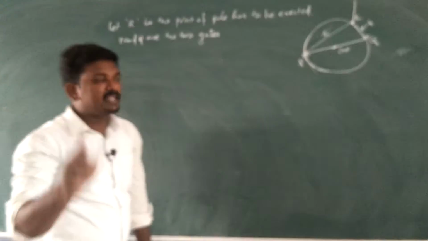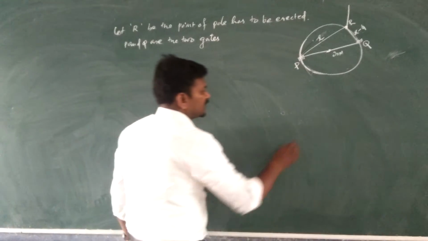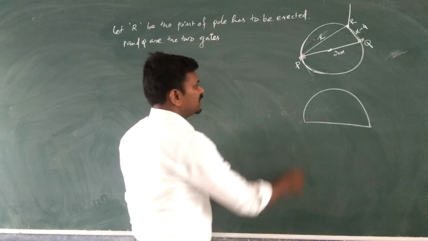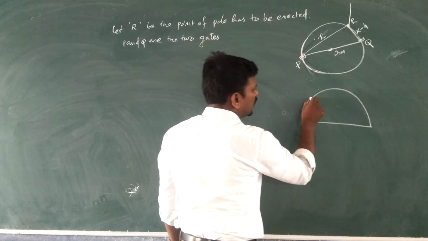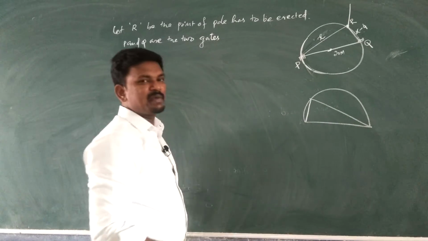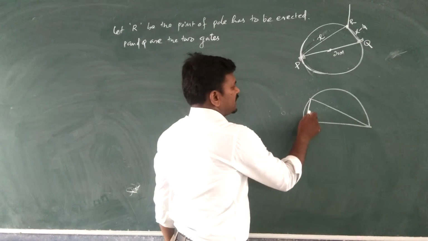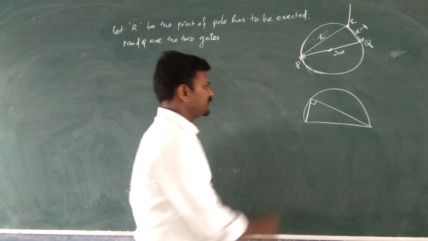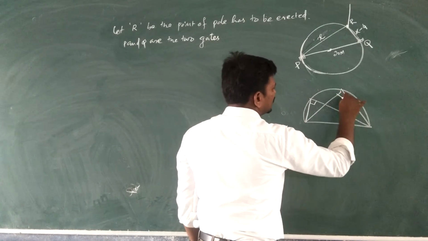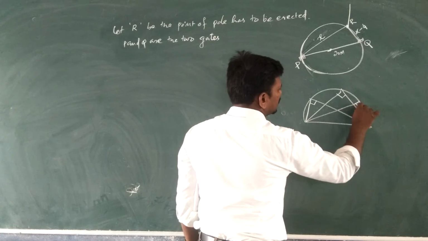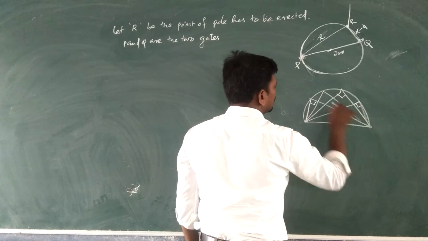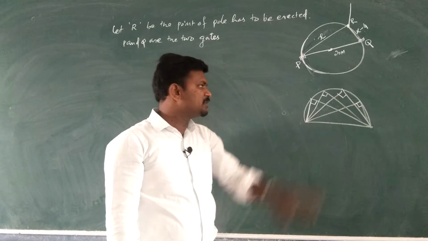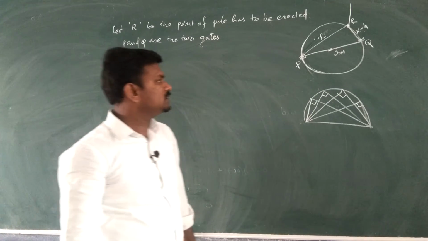Okay, then you should know this. In a semicircle, a triangle drawn along with its diameter must be a right angle triangle. Anywhere we can draw it, definitely any triangle drawn in the semicircle must be a right angled triangle.